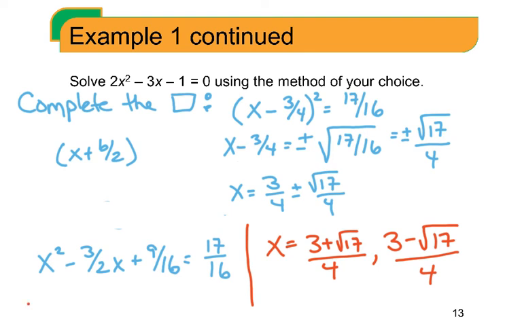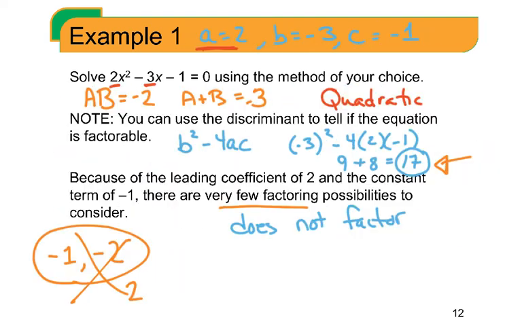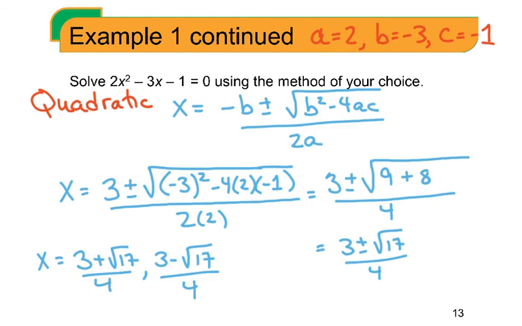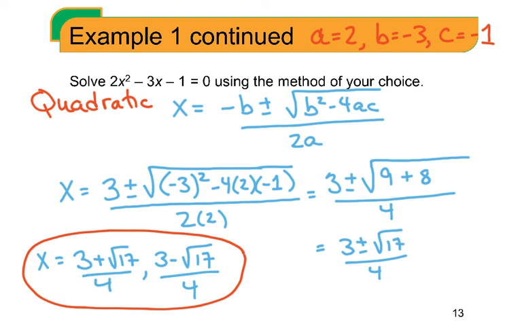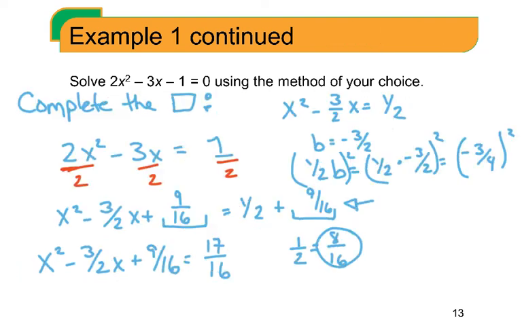Okay, so what was easier? Probably the quadratic formula. But if you forget the quadratic formula, you can always complete the square. There's one simple thing, really. Of course, we have to make sure the coefficient in front of x squared is a 1.